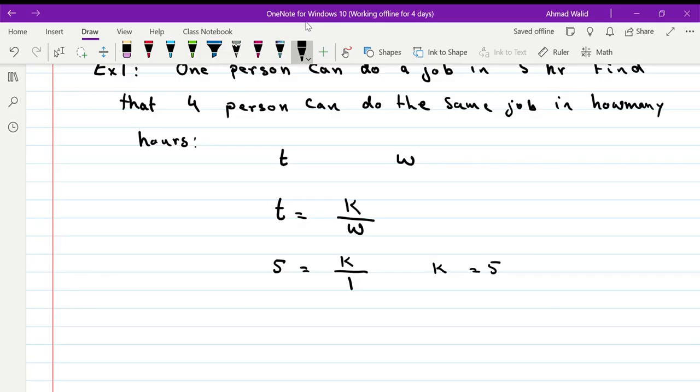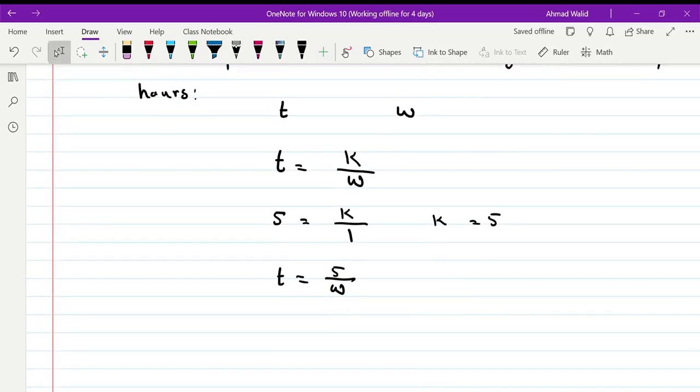Now I'll rewrite the first equation and replace the value of K. T equals 5 over W. Now, second part of the problem, how many persons can finish the same job? Replace W with 4, then T equals 5 over 4 hours.